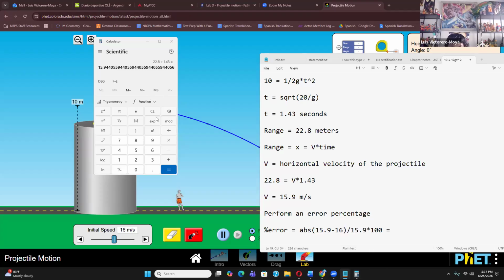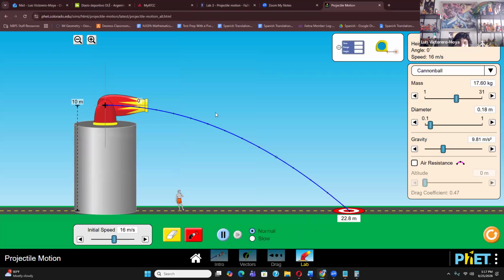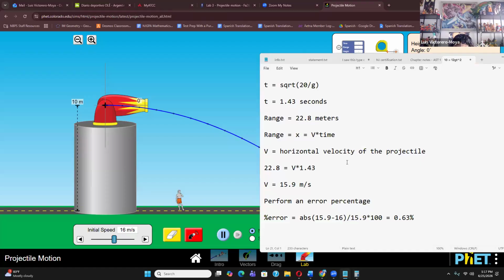So 0.62. It's a simulation, so you're going to get really good values of percentage difference or percentage error in this case. So that's part A. Don't forget to submit these calculations in the file.